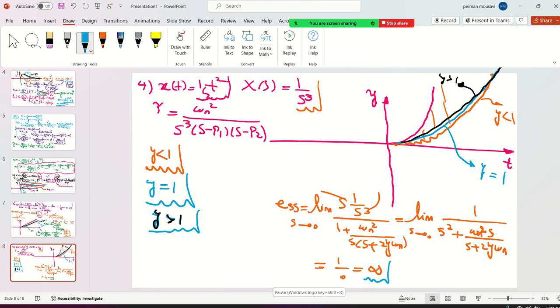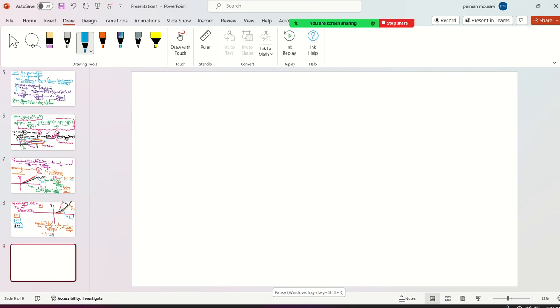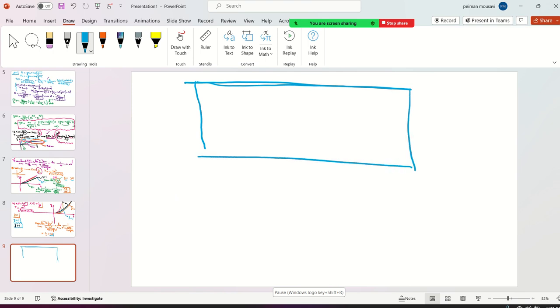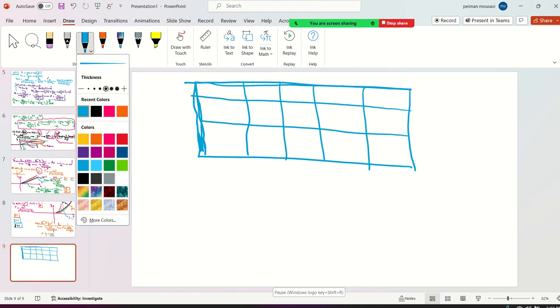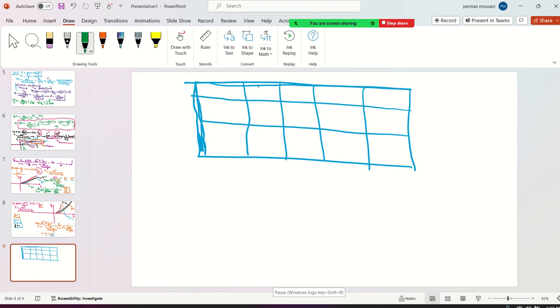You got it, everybody? Now, like the case of the first order system, I want to make a table. But now I'm going to make a huge table. Actually, a short table. Impulse, unit step, ramp, parabolic.